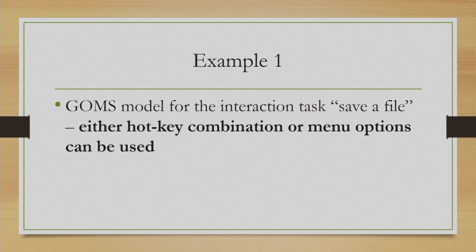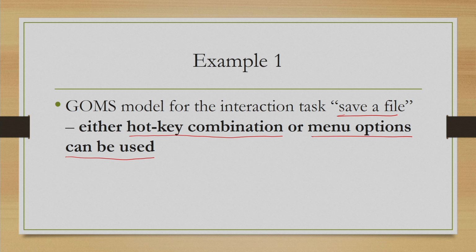Let us see another example. This is related to the same task, save a file. However, here we will use 2 different ways to do that. One is the hotkey combination, that is Control plus S key combination, and the other one is the menu options that we have already modeled before.